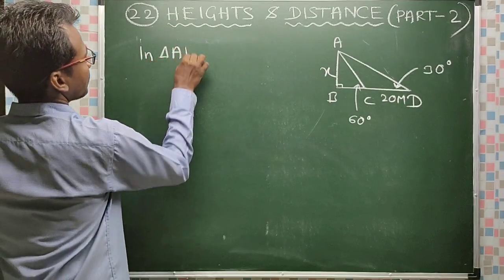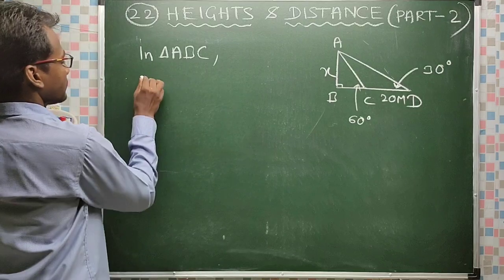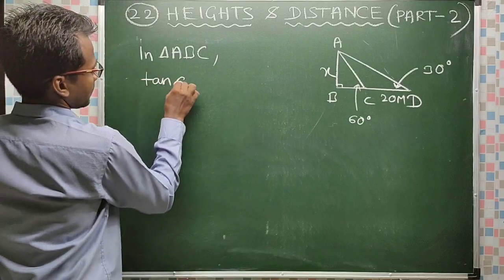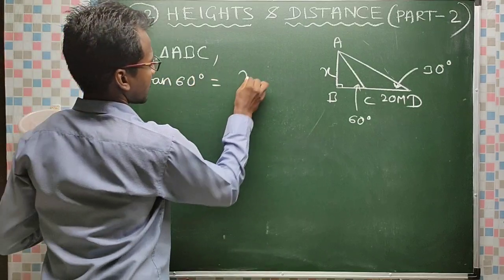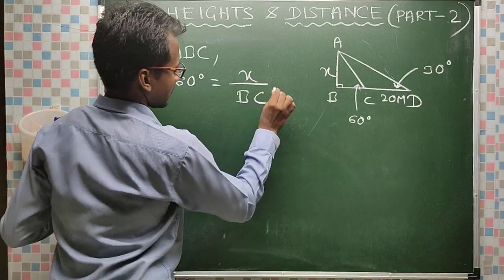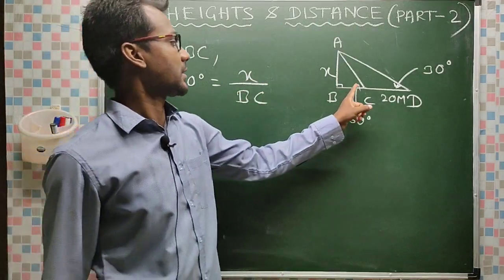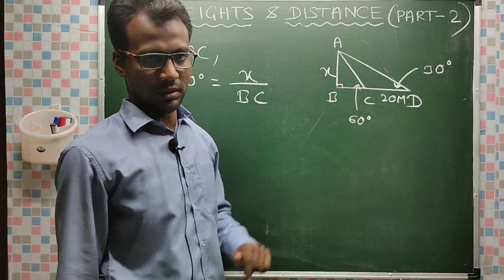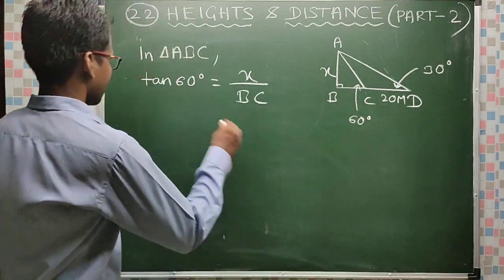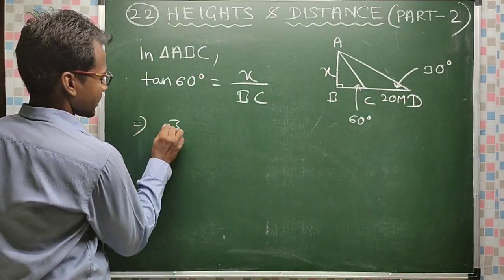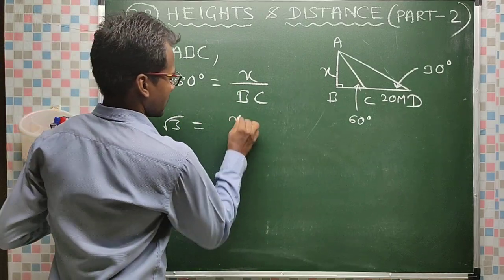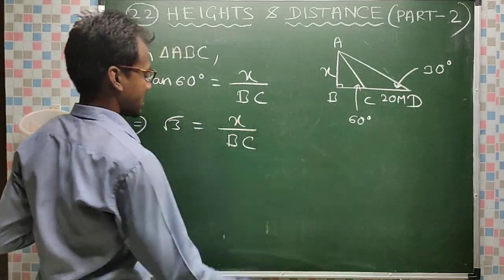In triangle ABC, tan 60 degree is equal to x by BC, perpendicular by base. Tan 60 degree means root 3 equals x by BC.